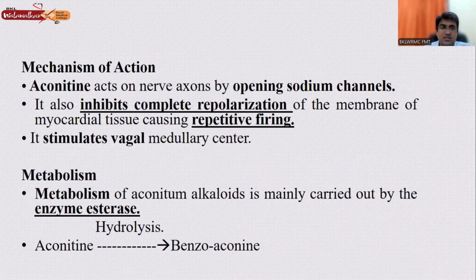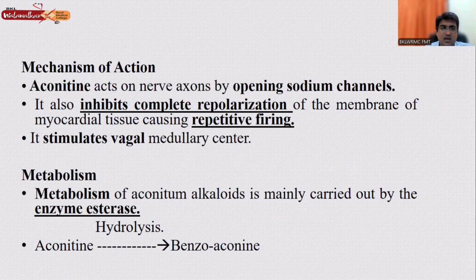What is the mechanism of action? Aconitine acts on the nerves by opening the sodium channels. It also inhibits the complete repolarization of the membrane of myocardial tissue, causing repetitive firing. So it stimulates the vagal medullary center.